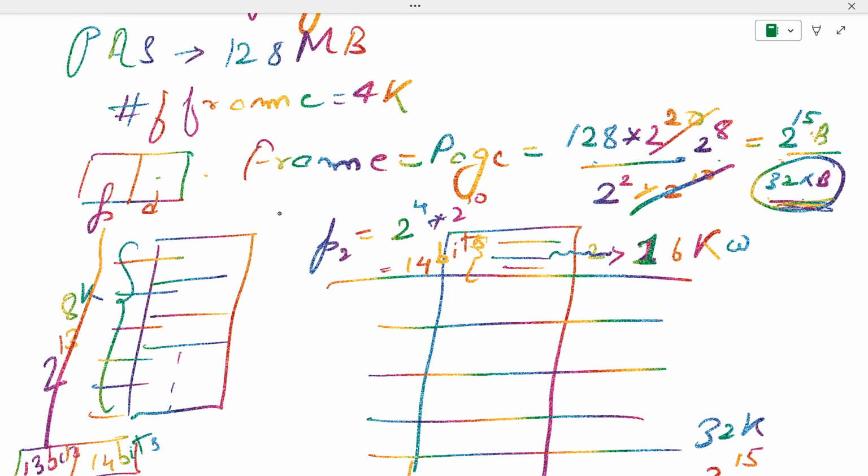So the frame size... I think here is the problem. 128 MB is 2 raised to the power 20... Okay, why is it 4 KB frame size or page size?